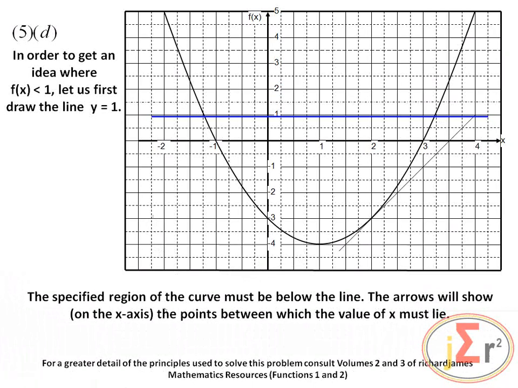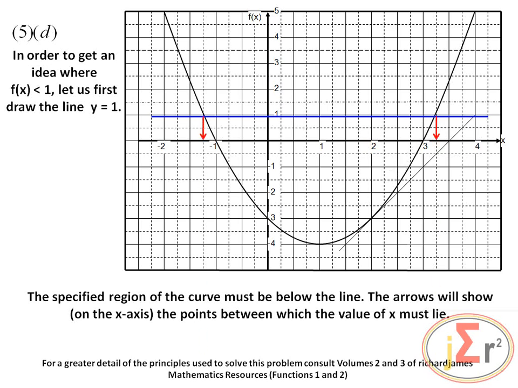The arrows will show on the x-axis the points between which the value of x must lie. So the value of x must lie between this one right here and the one right there. Because about these points, we start to have the curve going below the line y is equal to 1. Right there.